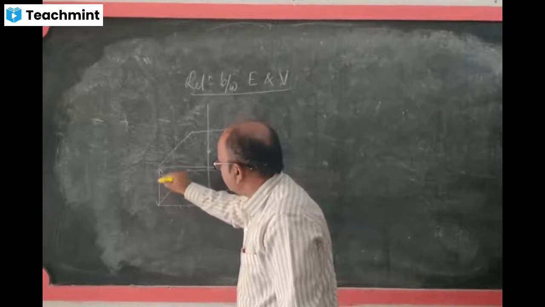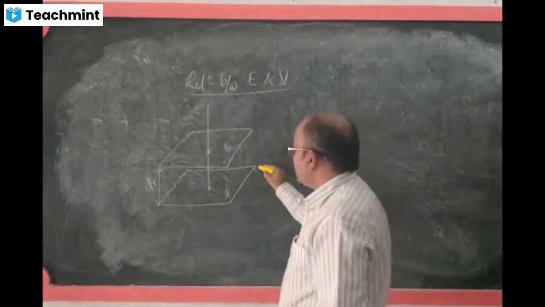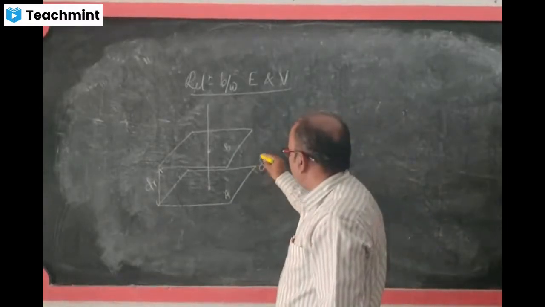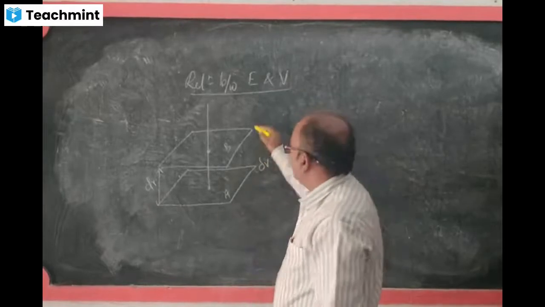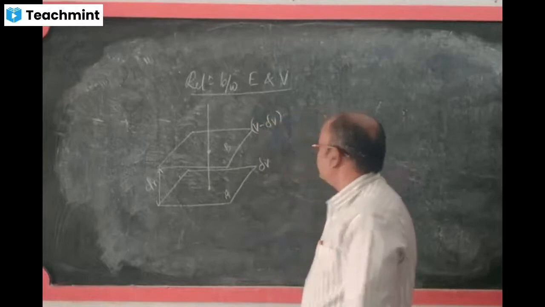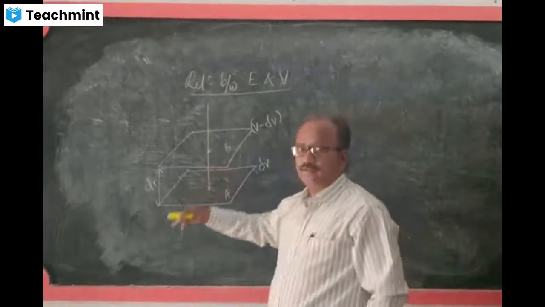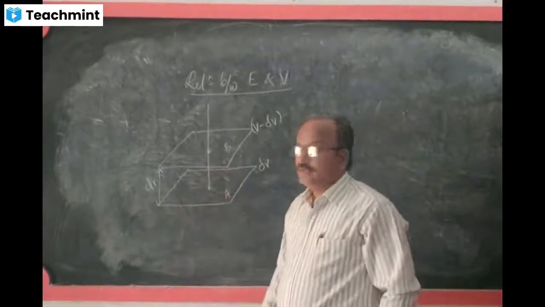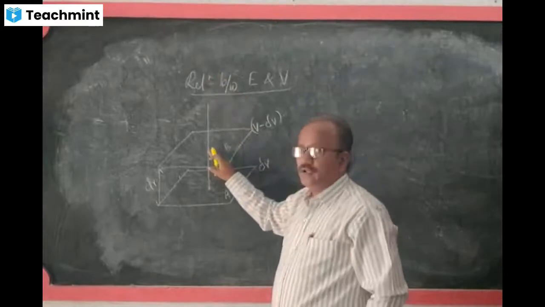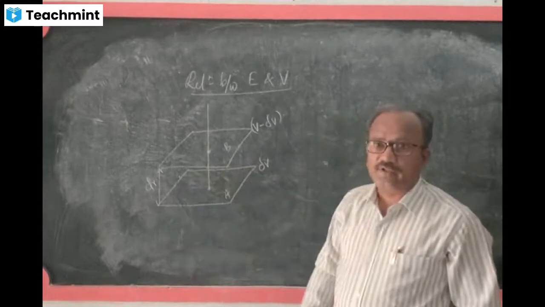Let us take this distance as delta R, and the potential at this surface is V, and the potential of the second surface is V plus delta V. Then you have to move the charge from infinity to a particular point on the second surface. The work has to be done.